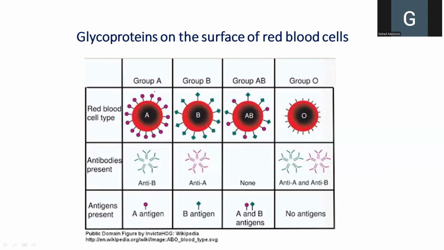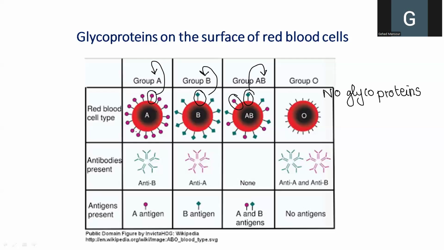So if you have glycoprotein A on the surface of your red cell, then your blood will be of group A. If you have glycoprotein B, then your blood will be of group B. If you have both glycoproteins A and B, then your blood group will be AB. And if you have no glycoproteins at all on your cell membrane, then your blood group will be O.